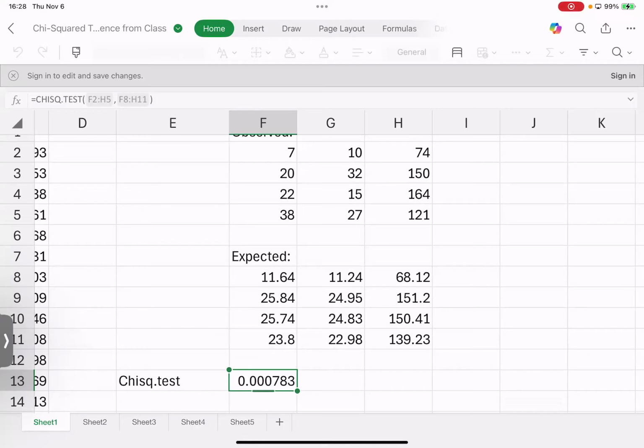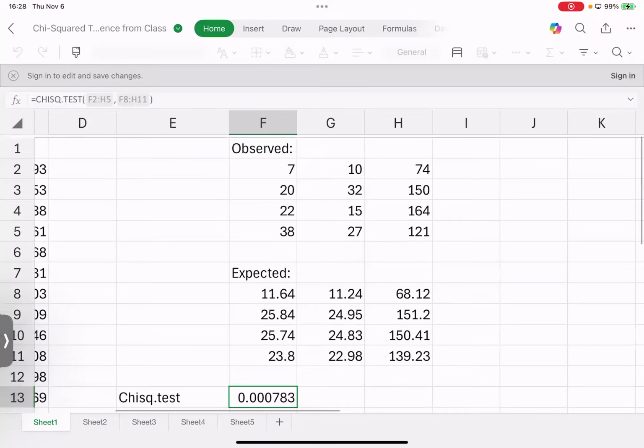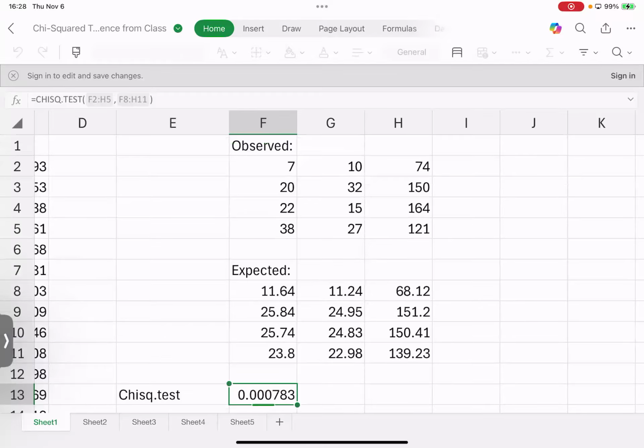But it needs the cells with the observed counts, right? So F2 to H5, so that whole observed count area, and then the expected counts, and then it just does everything for you.